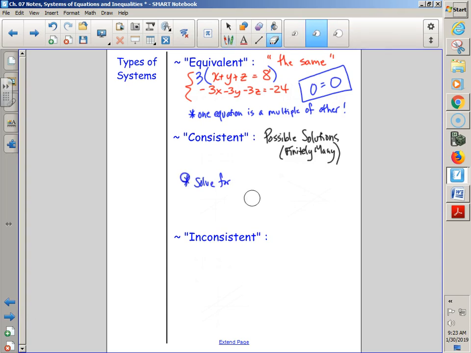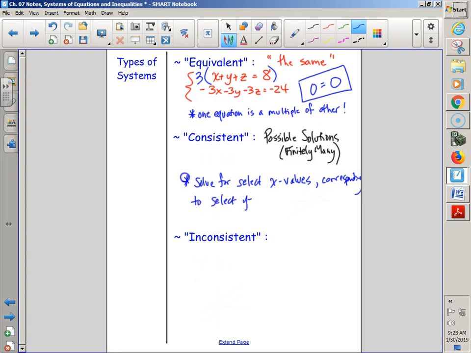Let's say select, corresponding to, aka matching up with. Select y values. You could say finitely many, I was just lazy and didn't want to write it. So just select a number of x values that correspond to a select number of y values.